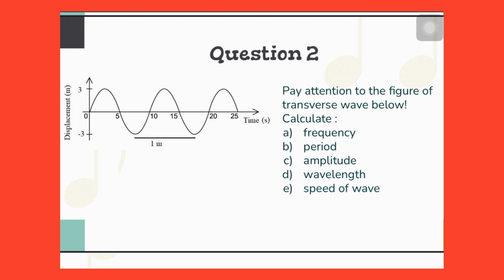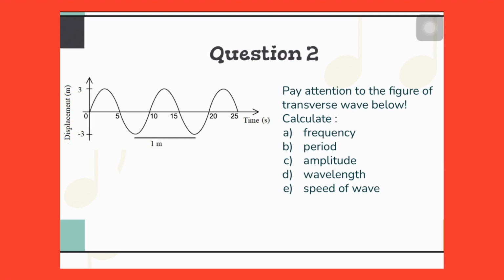Remember, the amplitude is the maximum displacement from the equilibrium position. The equilibrium position is the horizontal line, so it means the height of the peak or the depth of the trough, the crest and the trough.